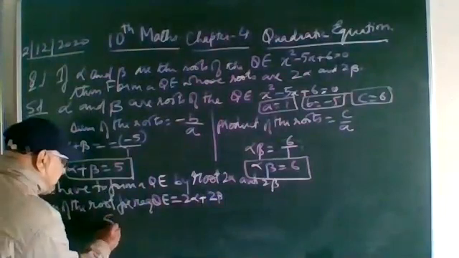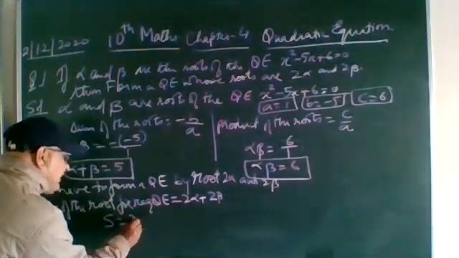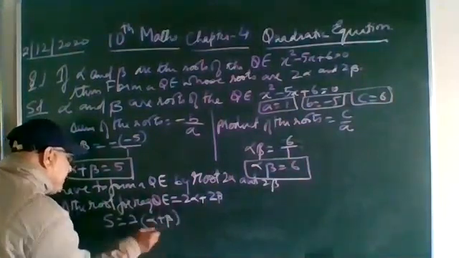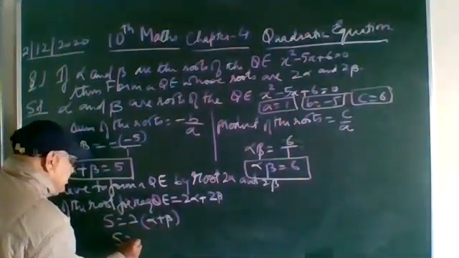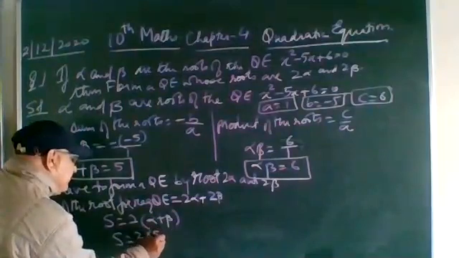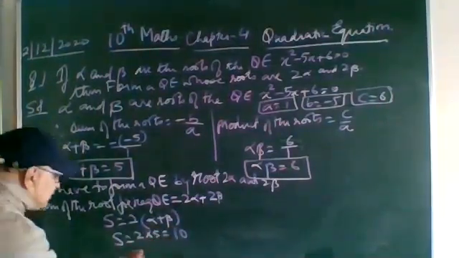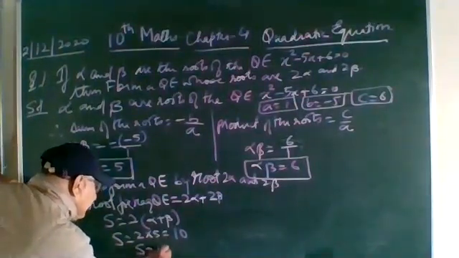So capital S equal to 2, take 2 common, it becomes alpha plus beta. S is 2 into 5, that is 10.